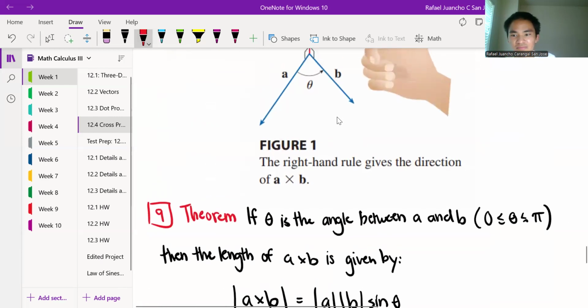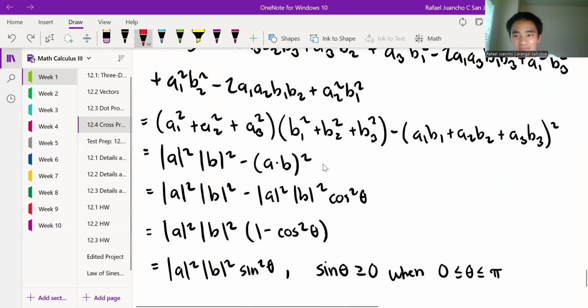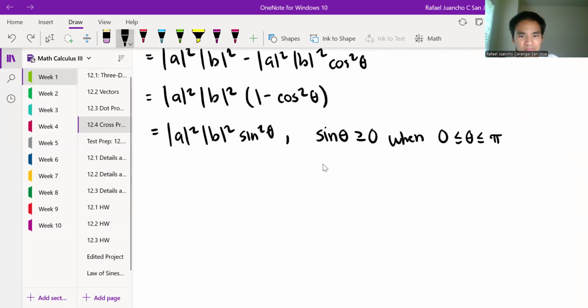The angle between A and B is between 0 and pi. It can't go beyond that. Since this is positive, we get rid of the negative root, so the square root of sine squared is just positive sine.